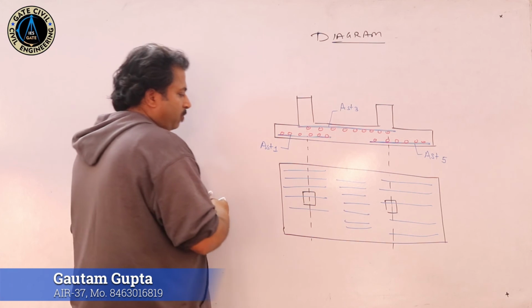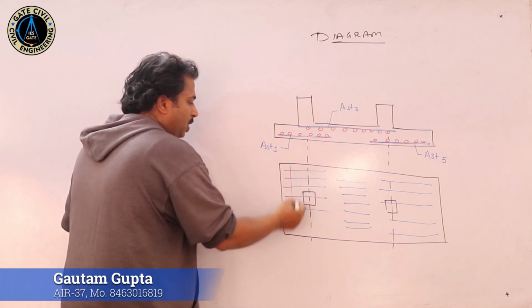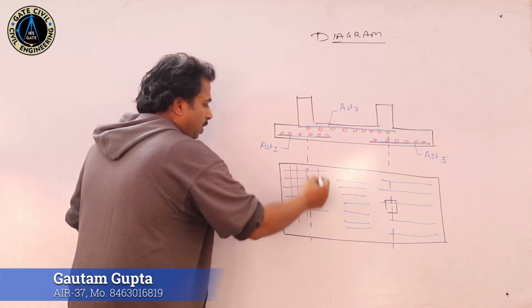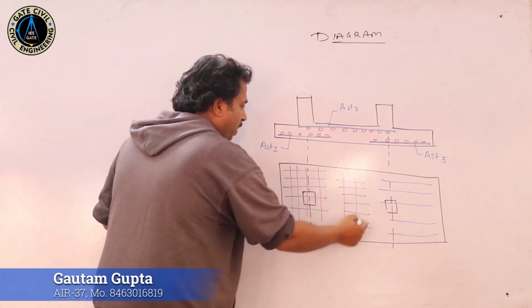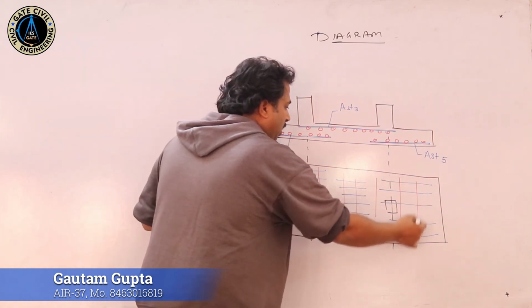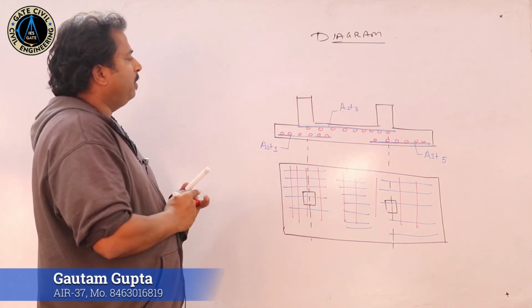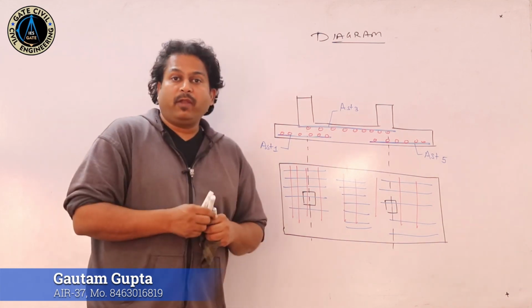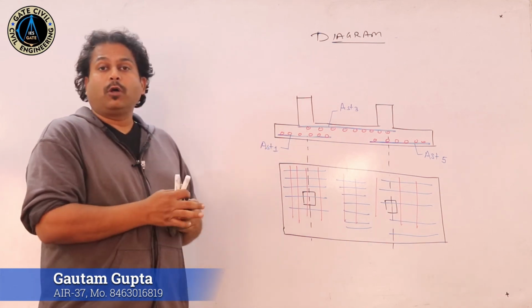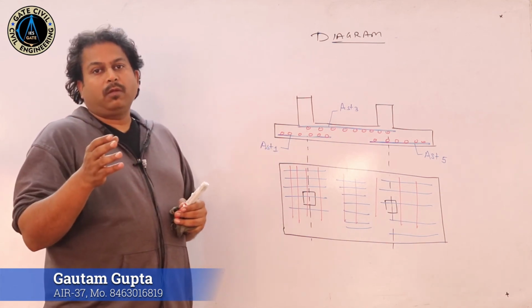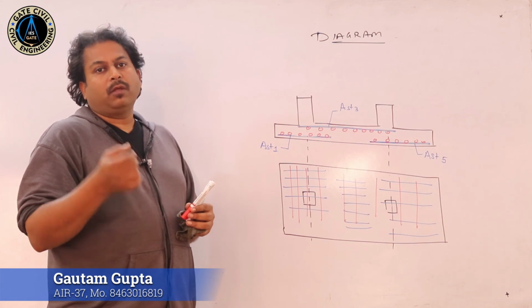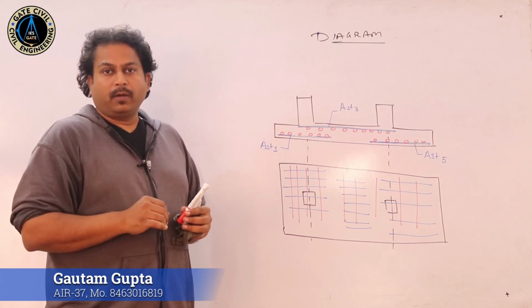And the transverse reinforcement in the plan view will look like this, provided along the entire length. So this is the elementary diagram. But always remember, whenever you are writing the values, you should always write the spacing or the number of reinforcement bars and the dia of the bar.